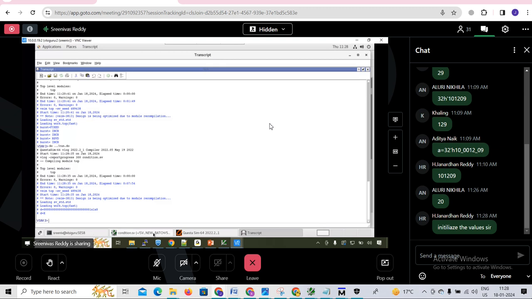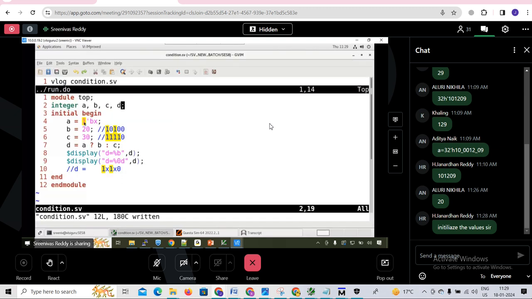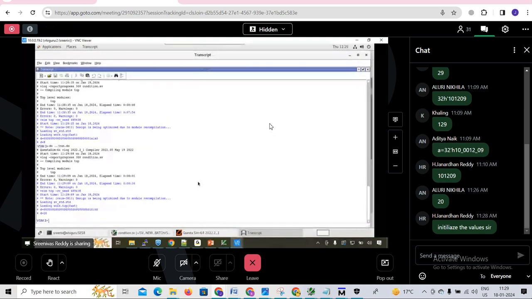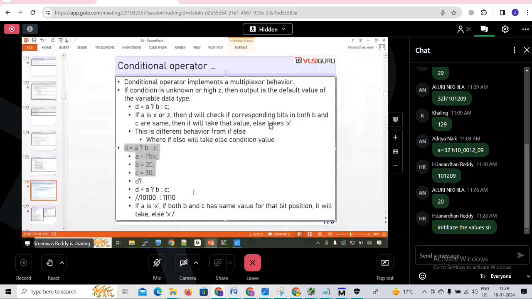What if you try the same question? What if it is 1? Tell me what will come? 20 will come. No confusion, right? Because 1 means you are compulsorily taking the true condition. So it will come as 20. If A is 1, then B will be taken.